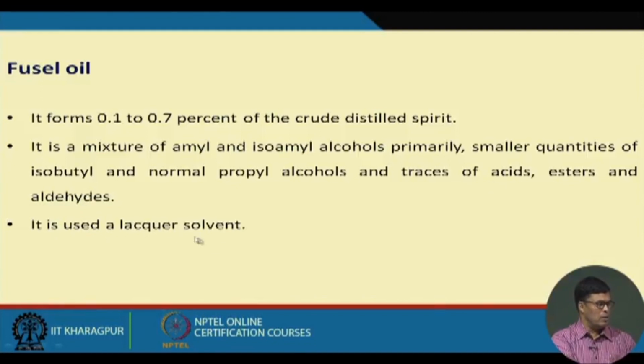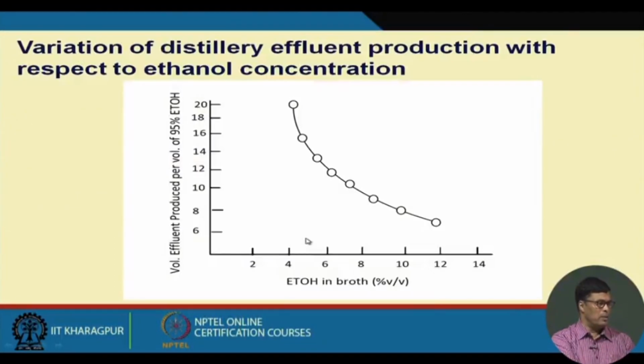This is also used as a lacquer solvent. I told you fusel oil also acts as an octane number enhancer. So when you use alcohol as power alcohol, it is desirable, as it will improve the quality of the fuel. But for human consumption it is not desirable because it gives a bitter taste.